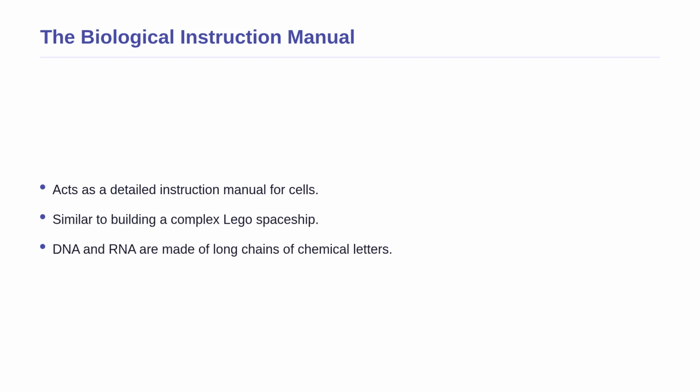This biological instruction manual is made of molecules called nucleic acids, which you probably know as DNA and RNA. Just like a book is made of sentences, words, and letters, nucleic acids are made of long chains of smaller building blocks.